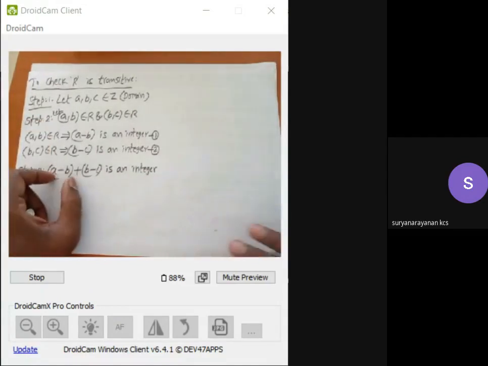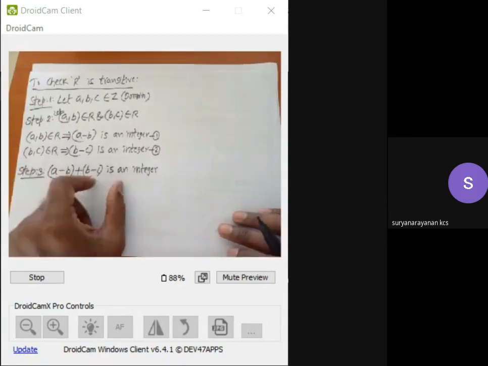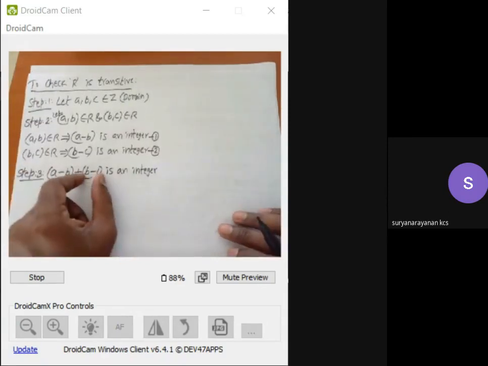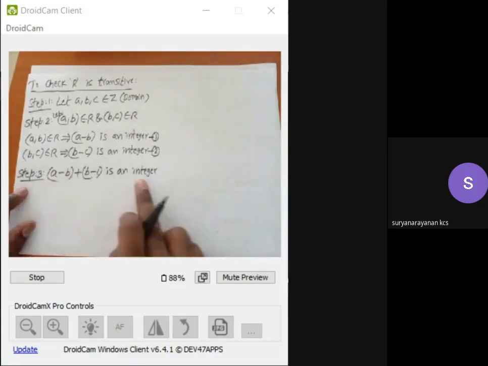A minus B is an integer. Got this point, my children? B minus C is another integer. Here we are adding these two integers. What will be the resultant number? Is it an integer or not? Integer, sir. It is also an integer. That is why I wrote this statement.